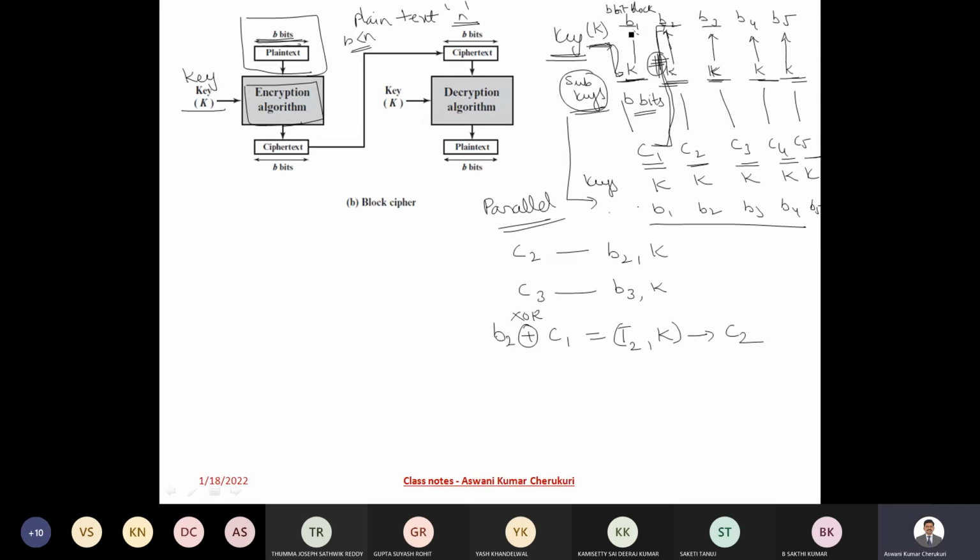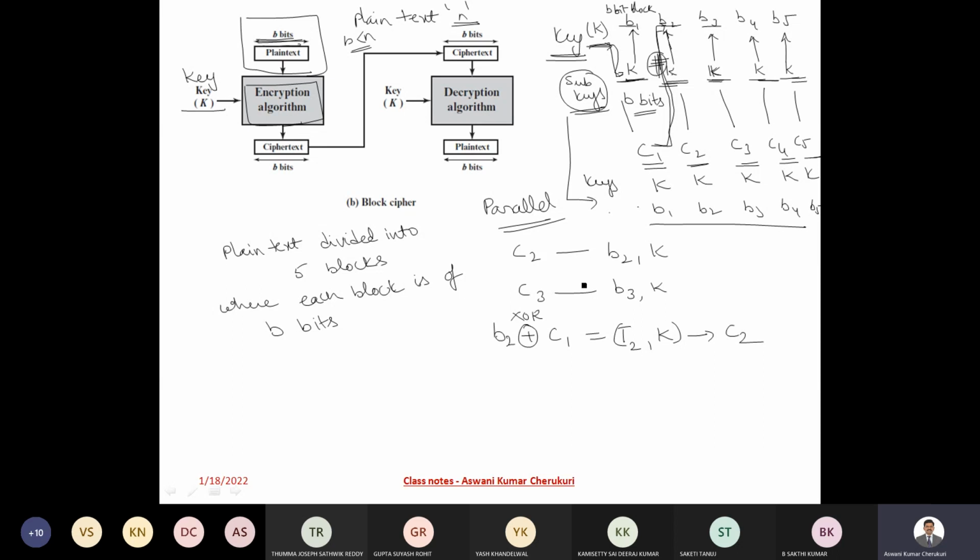So I repeat. You have a plaintext that is divided into, in this example, 5 blocks, where each block is of B bits. Now, when you encrypt B1 with K, you get C1.